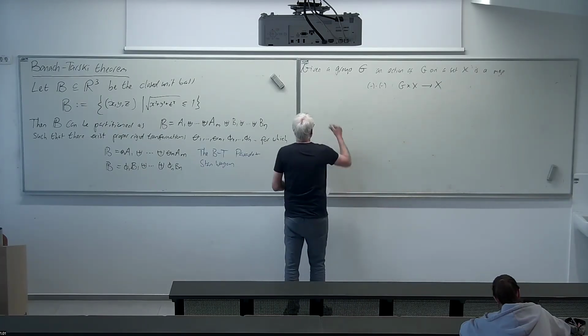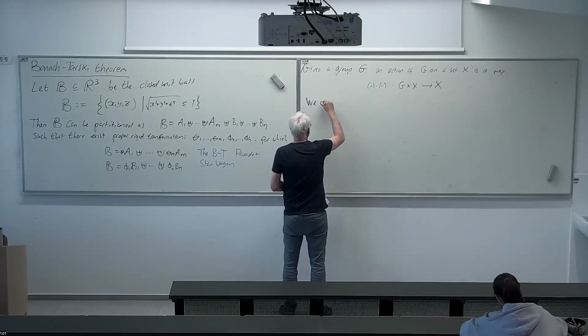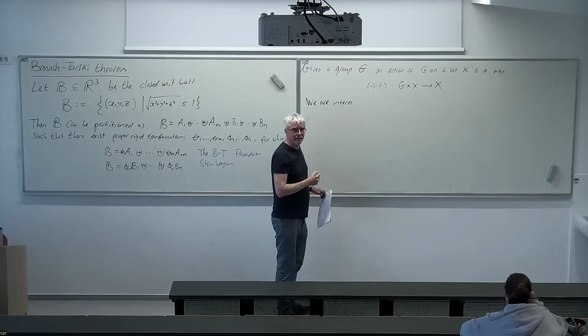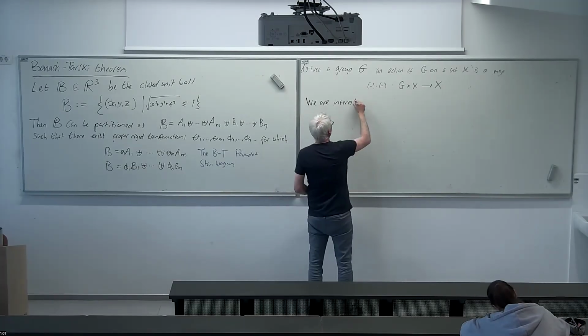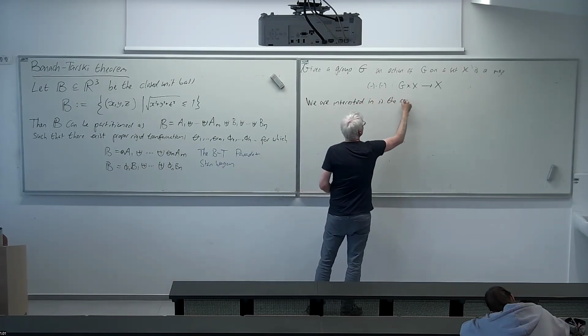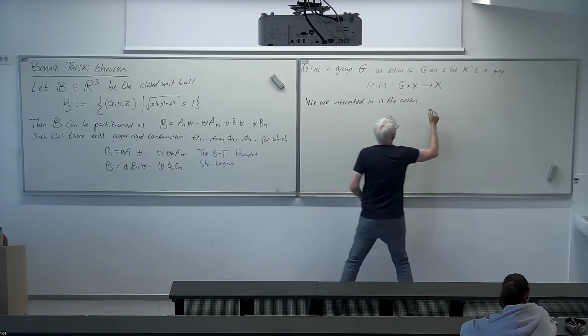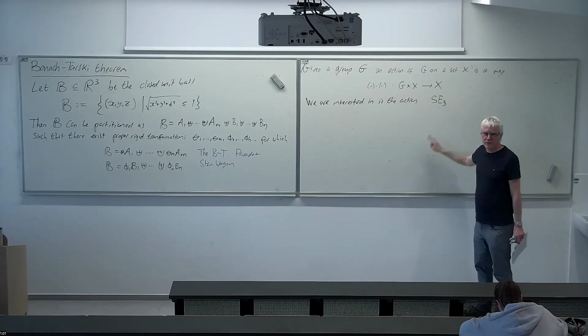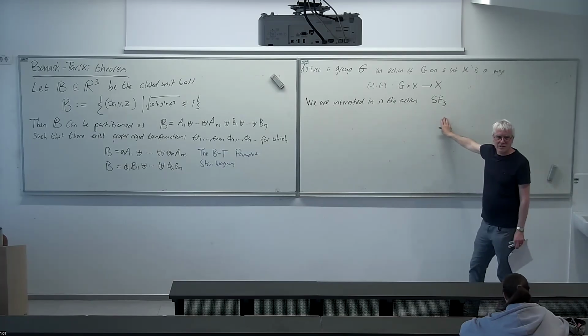The one we're going to be particularly interested in is the action of the special Euclidean group of dimension 3, which is the group of rigid transformations.